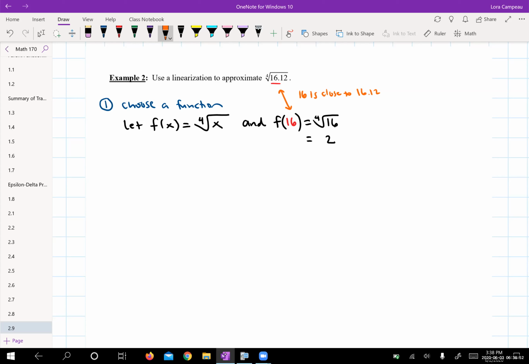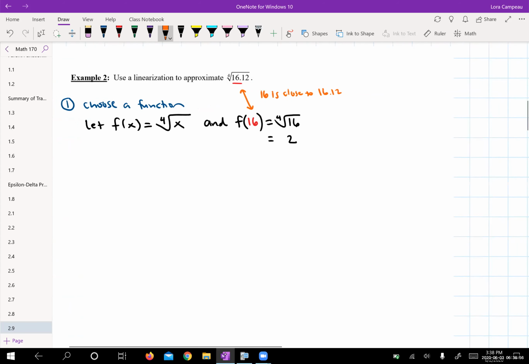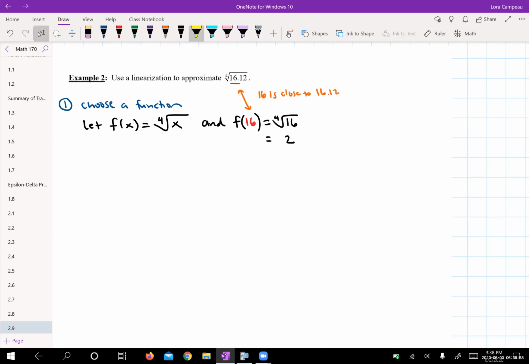So now that that is the case, keep in mind what we're trying to find here. They're saying linearization. So it's not a bad idea to write the linearization up on the side to know what components you're trying to find. So we have linearization of x.